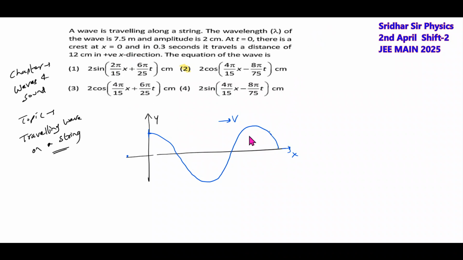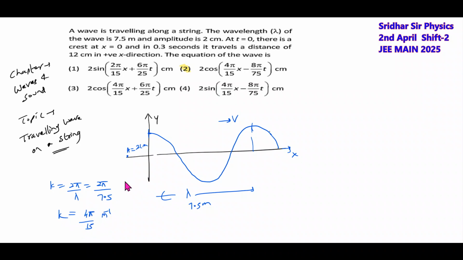The distance between two crests will be the wavelength, and the amplitude given is 2 centimeter. Lambda is 7.5 meter. If you know lambda, we can calculate k. K equal to 2 pi by lambda, 2 pi by 7.5, that is 4 pi by 15 per meter.